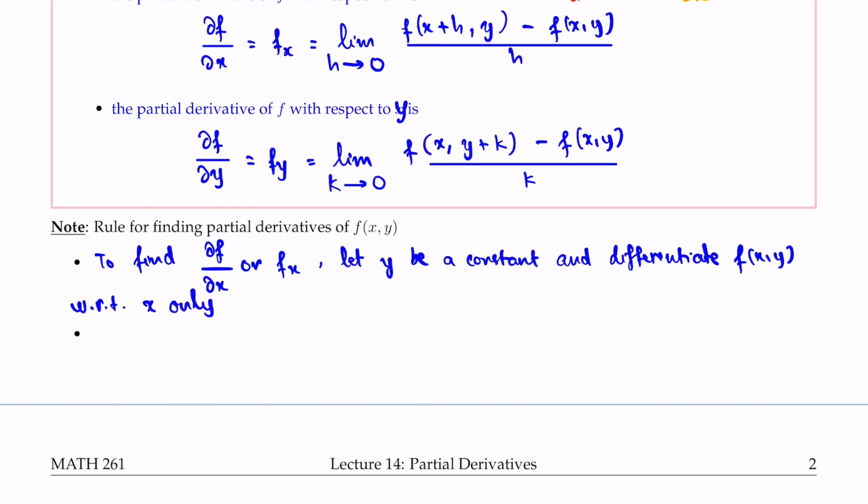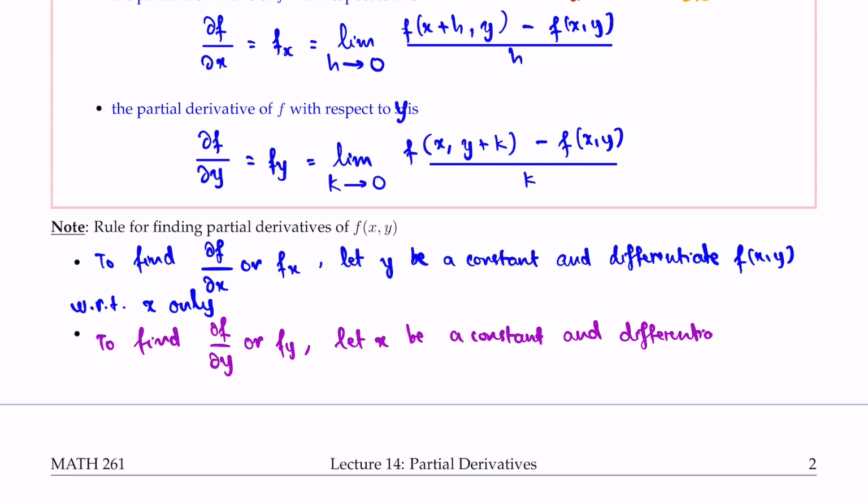Now similarly, when you want to find partial f, partial y, or f sub y, what you do is you let x be a constant and you differentiate f of x comma y with respect to y only. Again, WRT means with respect to. So basically those are the definitions of the partial derivative of a function with respect to the variable x and the partial derivative of the function with respect to the variable y.